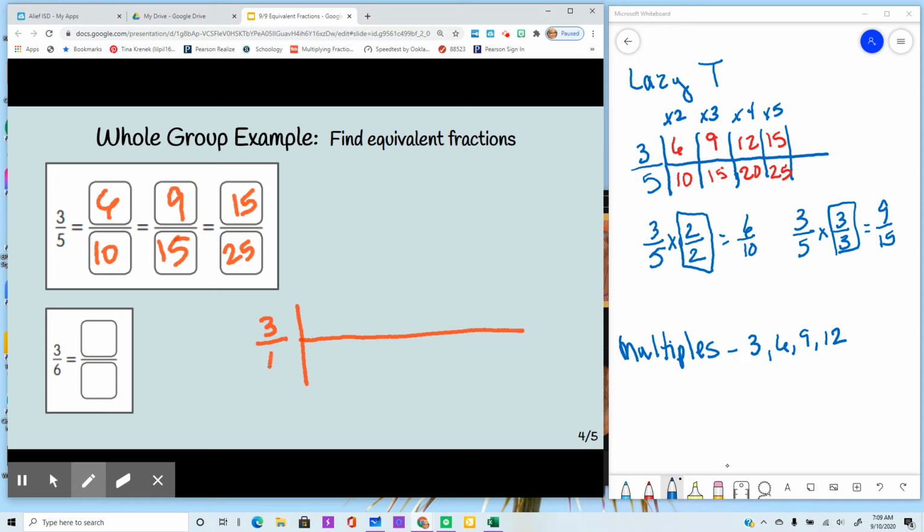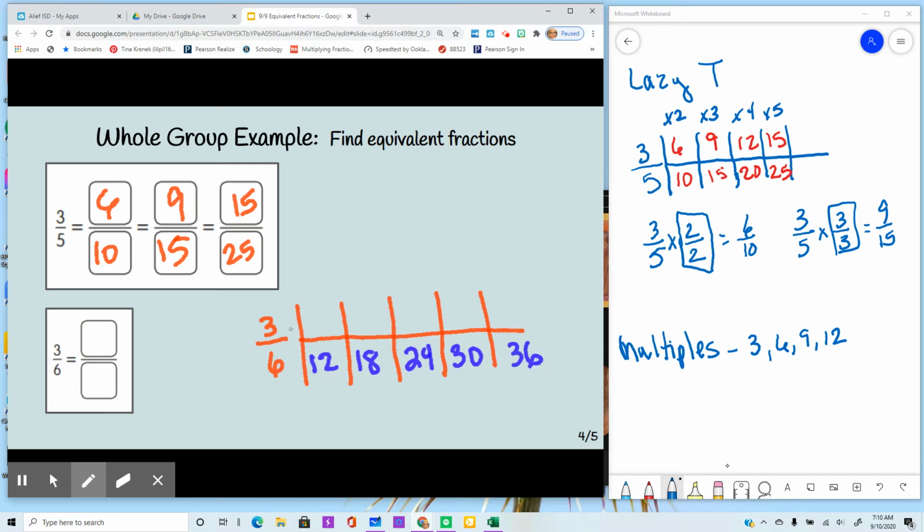And if you're not good with your multiplication facts, this is really helpful. And as we start adding fractions, you'll see how it becomes more helpful. Okay, so if I count by sixes, it would be 12, 18, 24, and 30. We could go to 36 if you'd like.